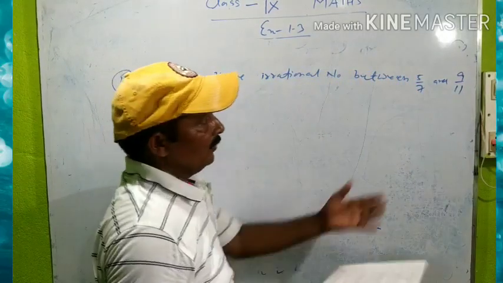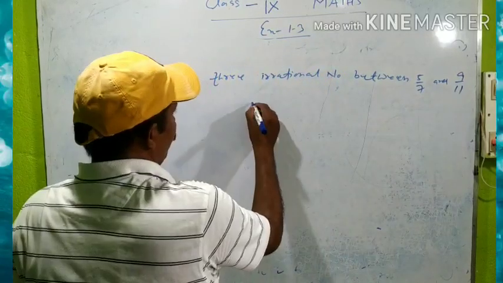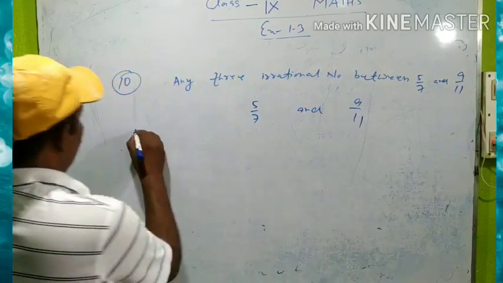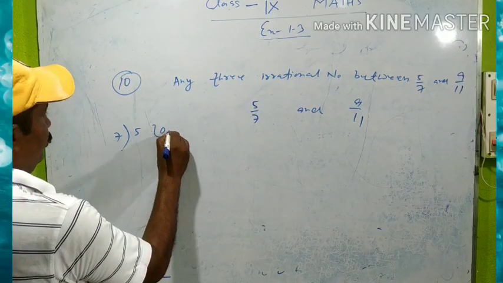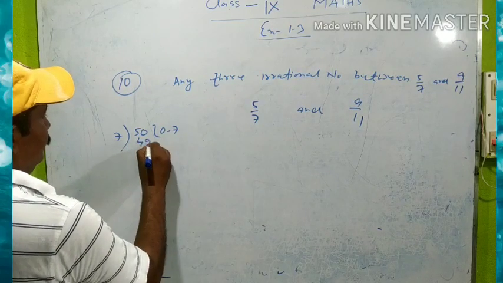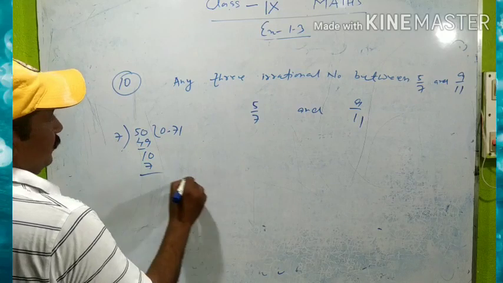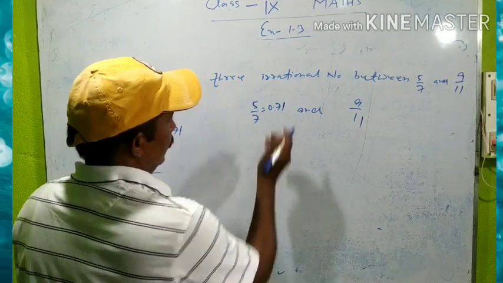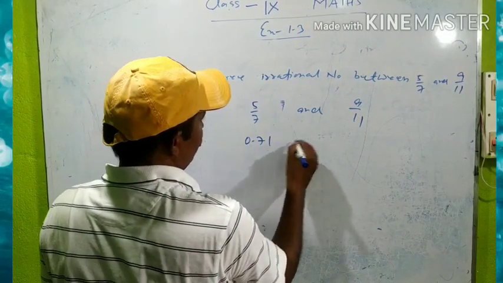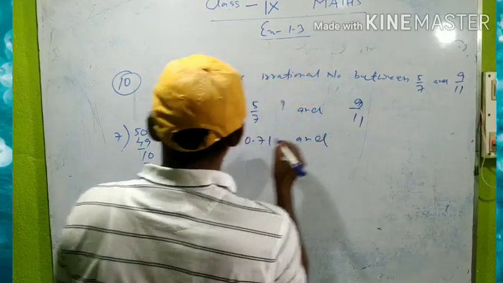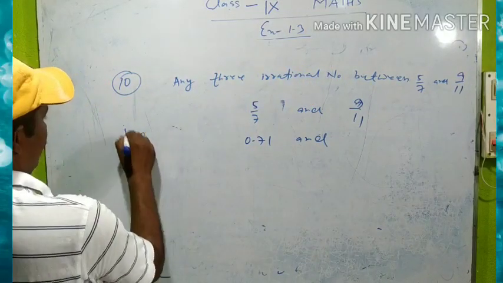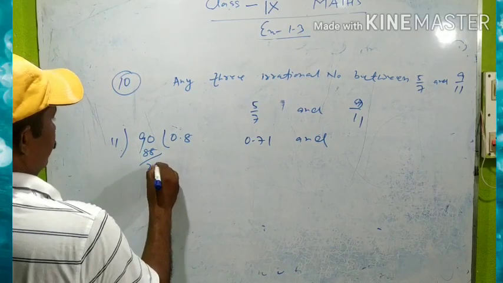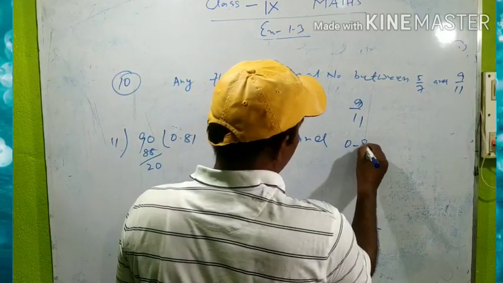First of all, we will convert these 2 rational numbers into decimal form. 5 by 7 we will divide here, which gives 0.71, and 9 by 11 gives 0.81. Look here.